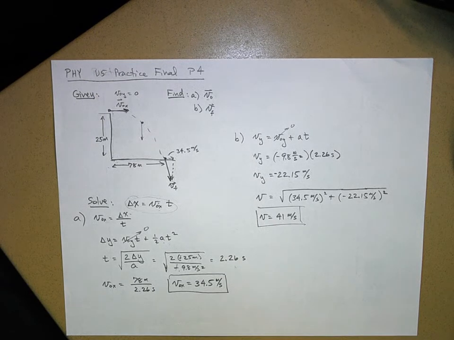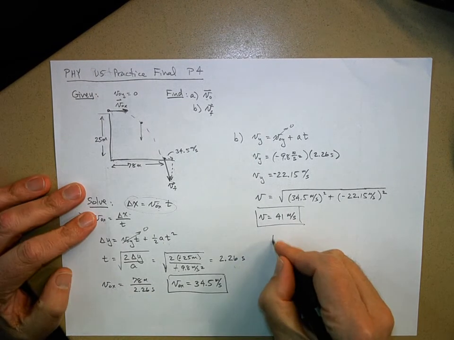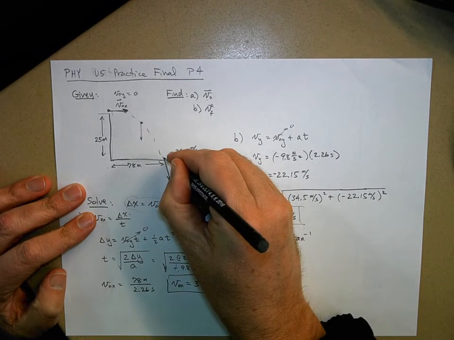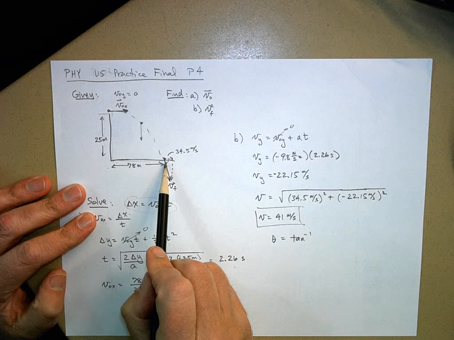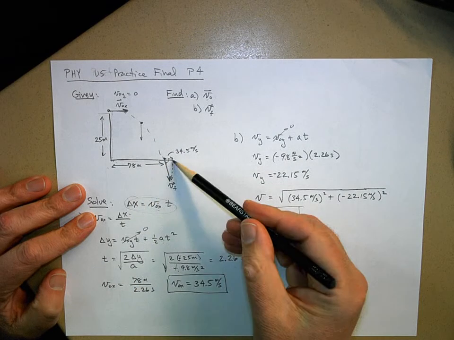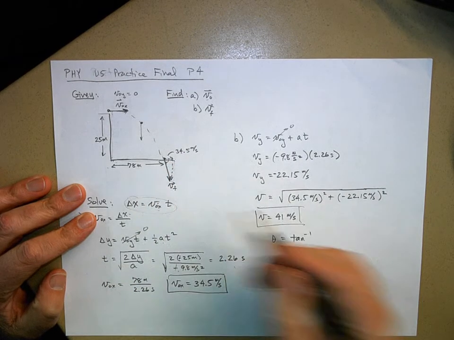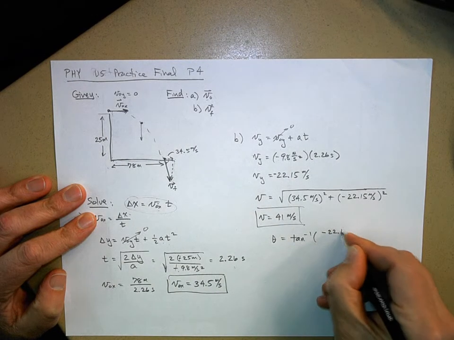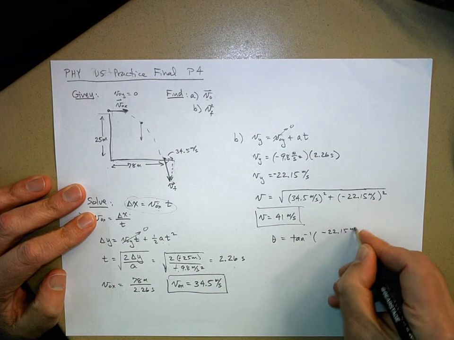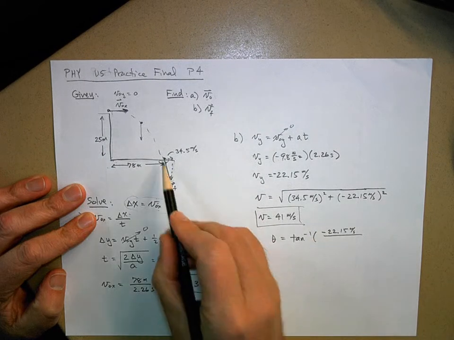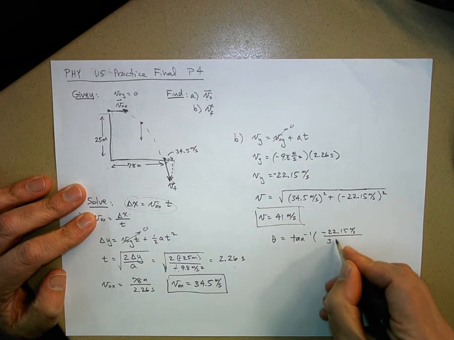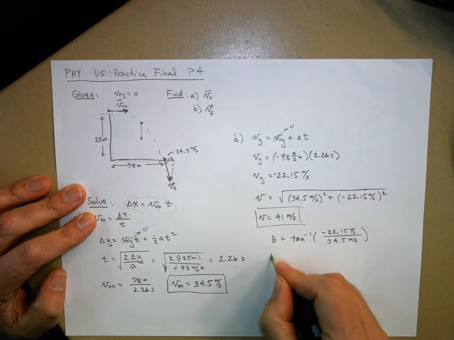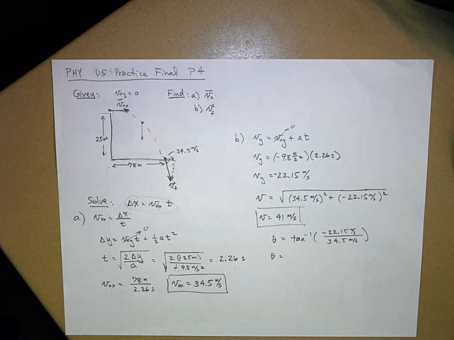Okay. Now the angle is equal to the inverse tangent, and I want this angle right here. That angle is going to be the opposite over the adjacent, and the opposite is negative 22.15, and the adjacent is 34.5.